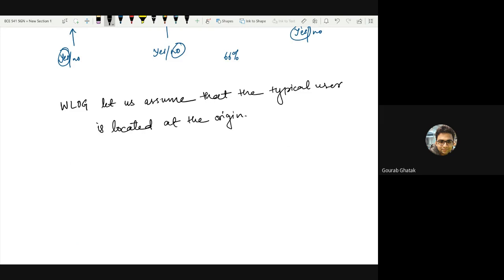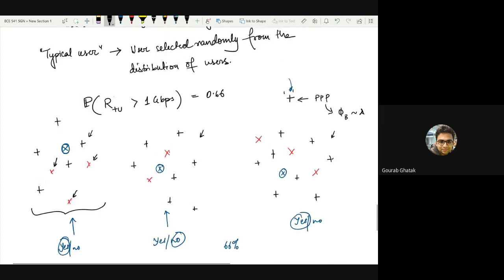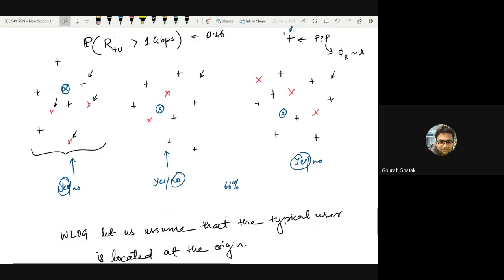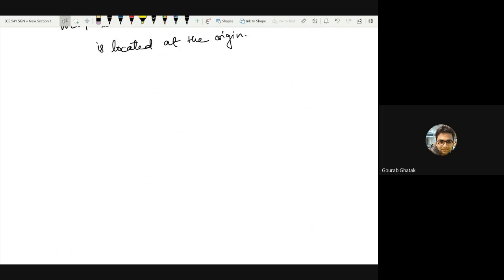Now when I say we are interested in its performance, we have to define a metric which governs whether the performance is good or bad. In the previous small example, that metric was the rate of the typical user. To go to the rate, first we would be defining what is called the SINR.